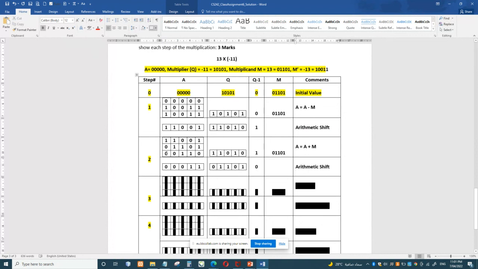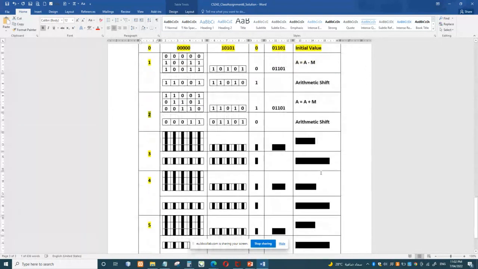This 0, this is our a, so 0 will remain here as the sign bit, and then each of the other bits will be shifted one position to the right. So we have done the arithmetic right shift. After doing the arithmetic right shift, that is the end of step number 2. Then we'll go to iteration number 3.